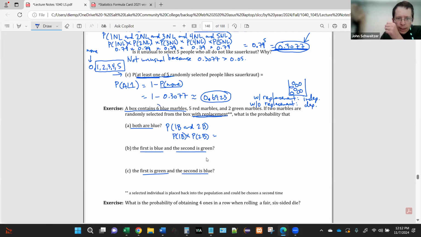So 6 out of how many? There are 13 marbles here, so we have 6 out of 13 for the first being blue. And if you put the first one back in and reach back in, it's the same probability. So we've got about a 21% chance of that happening.